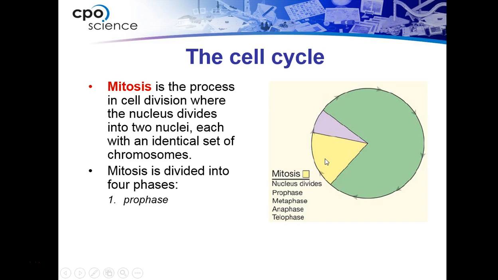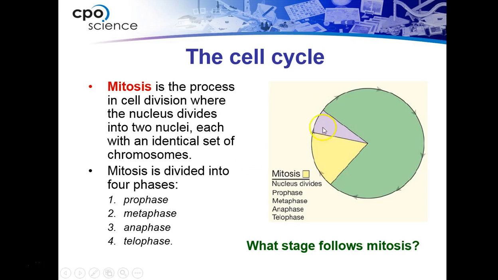The first phase is prophase, second metaphase, anaphase, and then telophase. If it helps, you can take the first letter of each of these phases and make PMAT to help you remember the order of these different phases in mitosis.